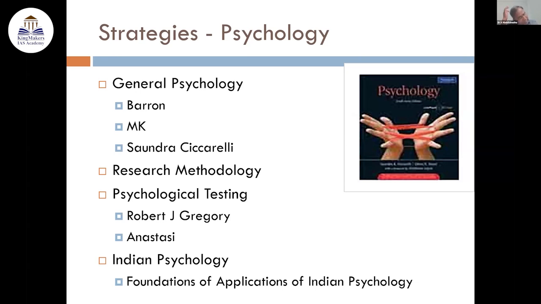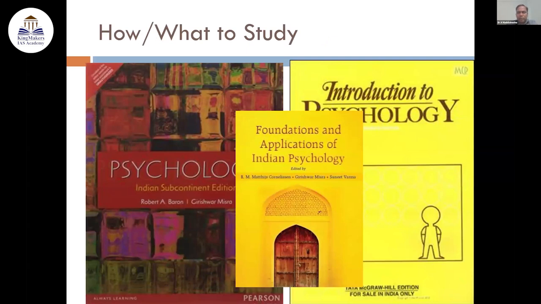For Indian psychology, I think mostly this one book, Foundations and Applications of Indian Psychology, will be good enough. Otherwise, there is one book by Dr. Ramakrishna Rao, Indian Psychology, which is also a very good book. But you may have to allot a lot of time to study that.